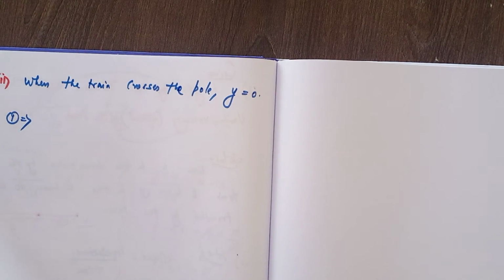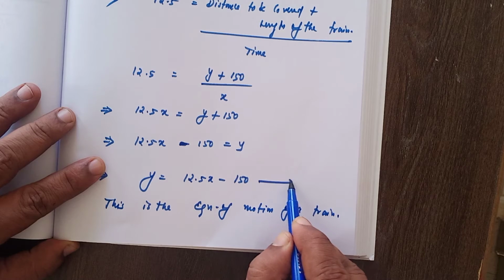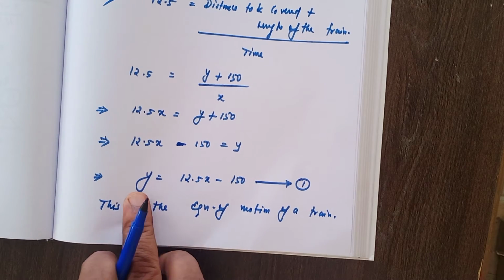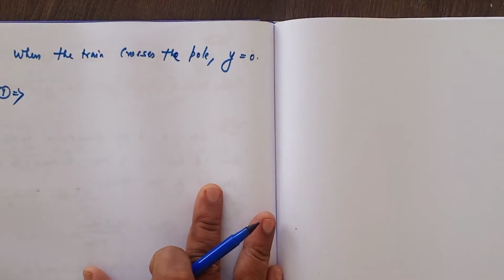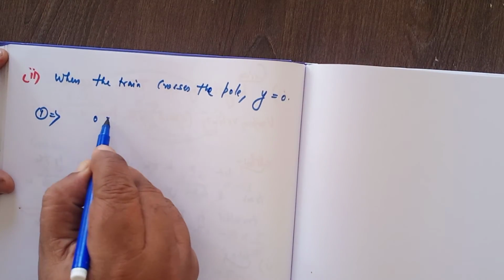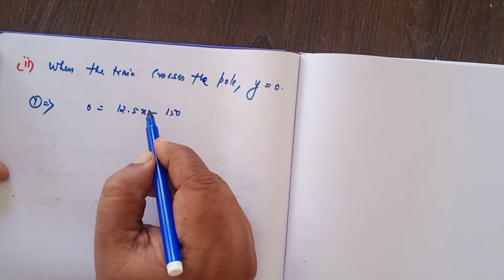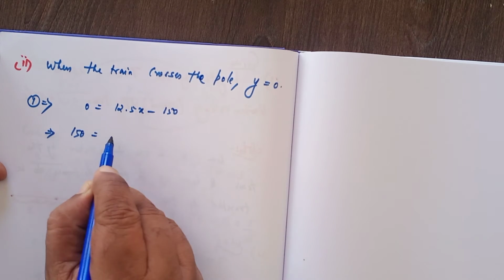Therefore, consider this as equation number 1. In equation number 1, replace y by 0. So 0 is equal to 12.5x minus 150, which implies minus 150 comes to the left hand side, plus 150.